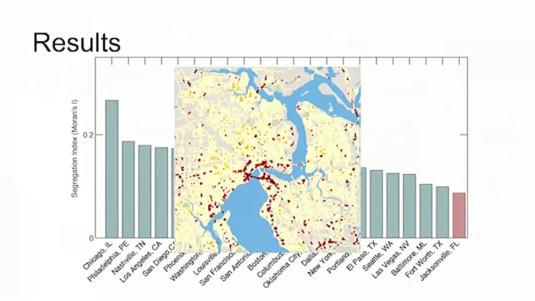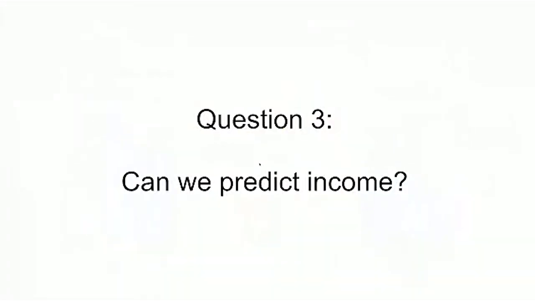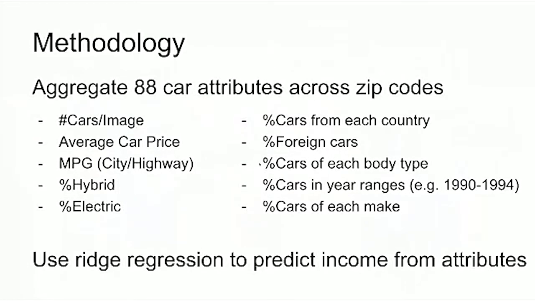You can see there's very little clustering of expensive and cheap cars. So that was interesting. And then we said, can we predict things like income? Here what we did was we used all the car attributes that we have in our data set, like the make, the number of cars per image, the average car price, the body type, etc. And we did ridge regression.